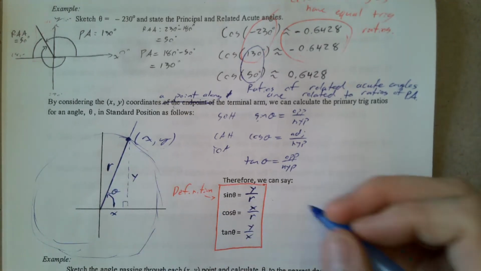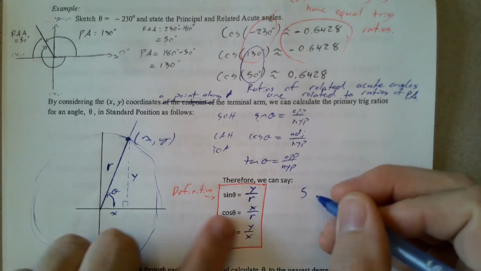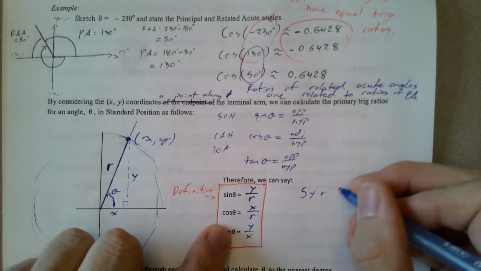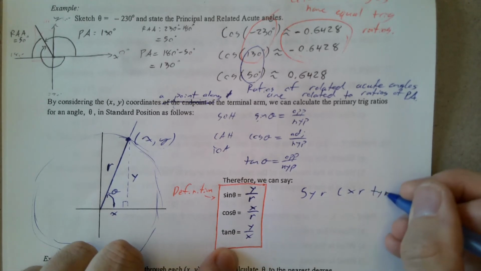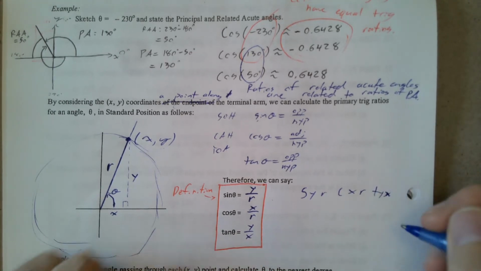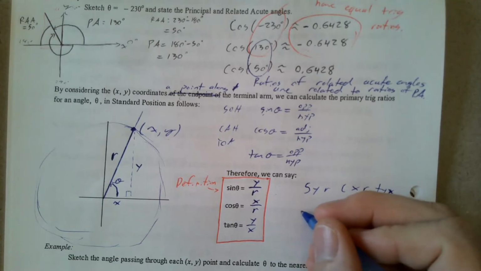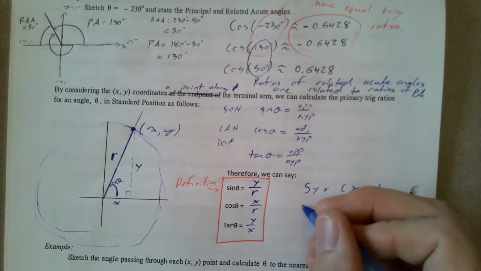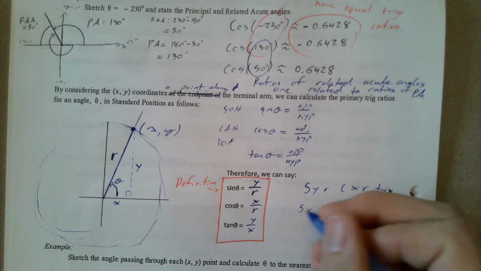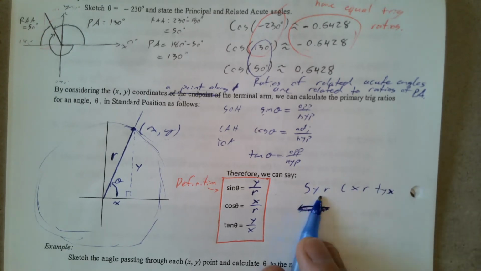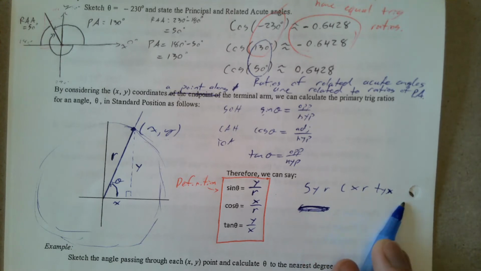Your memory aid here, try writing out SYRCXRTYX. And phonetically, I guess you would read it Sir Kixertix. I'm not sure how to spell it. You know what? I'm not going to spell it. Sir Kixertix.